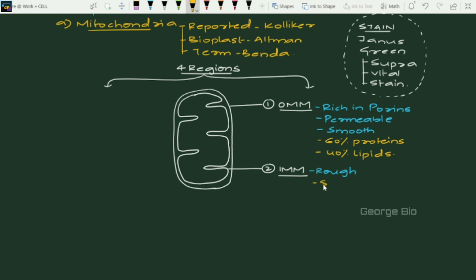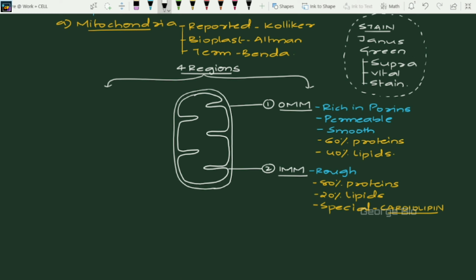It consists of 80% proteins and 20% lipids. But it has a special kind of lipid, called cardiolipin.